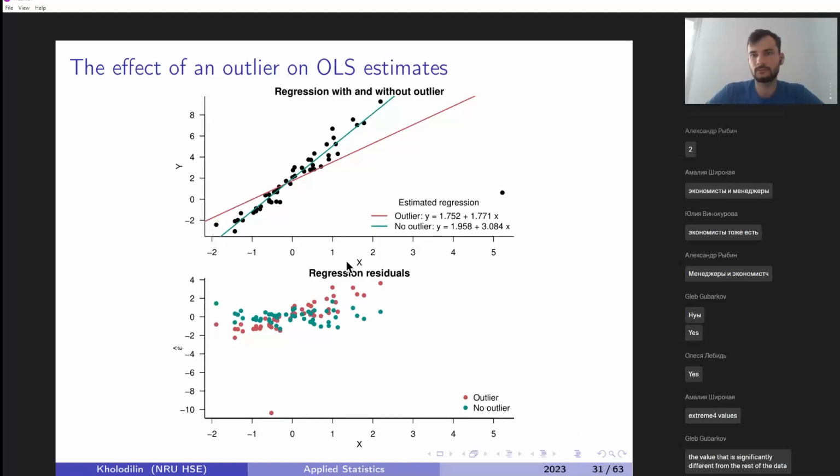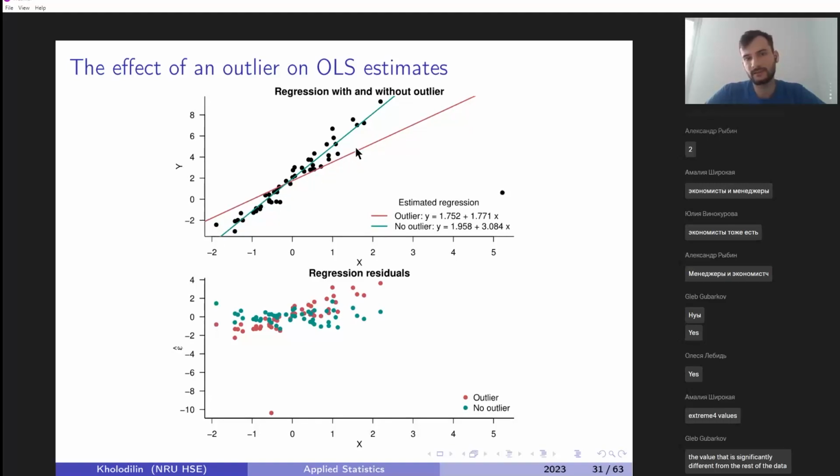So how do we think about which observation is an outlier? You build these two models. Firstly, if you don't know that there is an outlier, you estimate your model with all the data, and you will receive the red line. Then you can check how far away the observation is from your model.